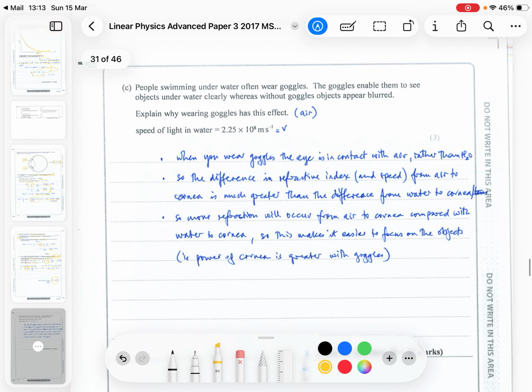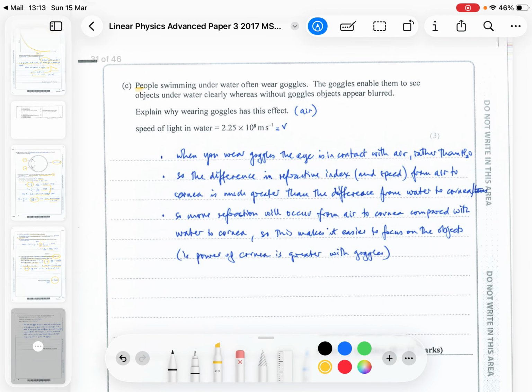Okay, so people swimming underwater often wear goggles, or if you go diving, you wear goggles. Goggles enables them to see objects underwater clearly, whereas without goggles, things appear blurred because it's going from water into the cornea rather than from air into cornea.